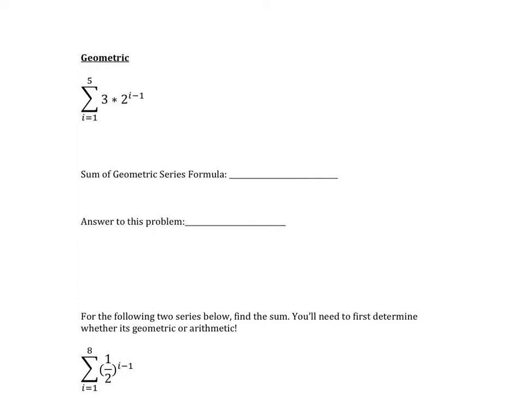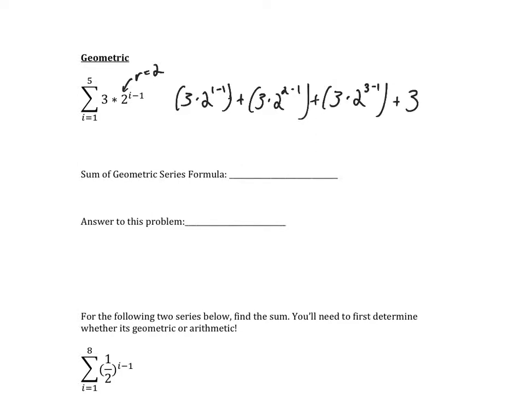If you remember your geometric sequences, this value right here, the 2, is your R value. R is 2. So it's really asking me to do 3 times 2 to the 1 minus 1, plus 3 times 2 to the 2 minus 1, plus 3 times 2 to the 3 minus 1, plus 3 times 2 to the 4 minus 1, plus 3 times 2 to the 5 minus 1.